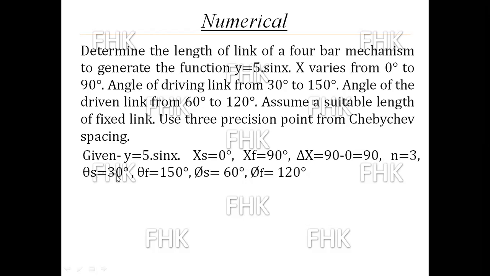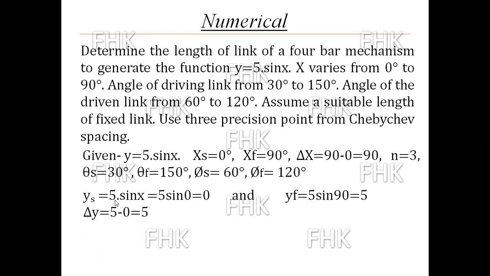Theta starting is given 30 degree. Theta final is given 150 degree. So delta theta we find later. Phi starting is given 60 degree and phi final, which is inclination of output link, is given 120 degree. Function y is equal to sin x. So y at starting x is 0.